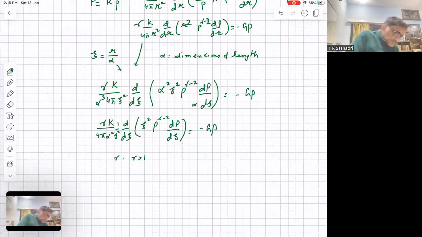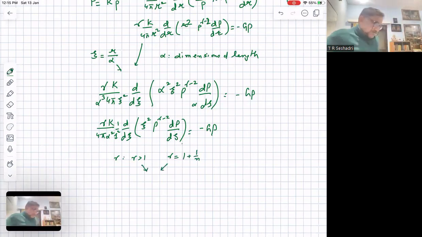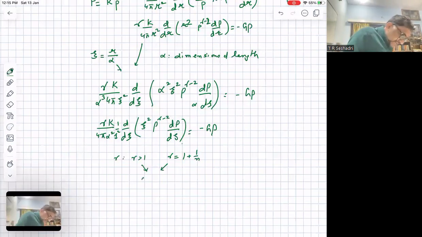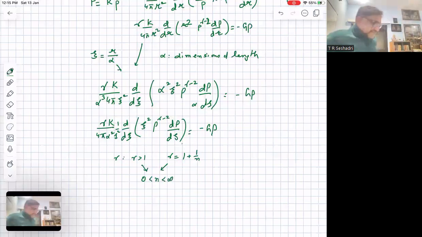Suppose gamma is always greater than 1, then I can write gamma as 1 plus 1 by n, and gamma greater than 1 always implies that 0 is less than n is less than infinity. That is, n is always positive.